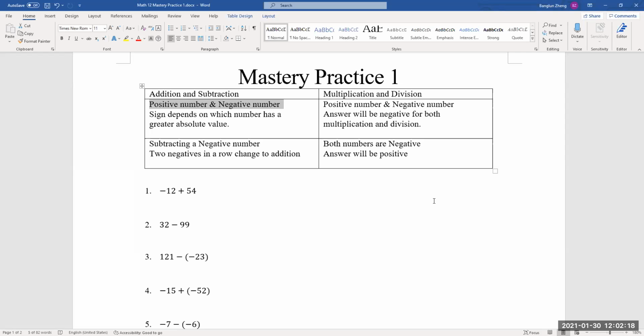We're going to review one by one here. For each of the problems we do, I'm going to talk about which rule we're using, so when you are doing your homework, you understand, oh, I'm using this because of this.